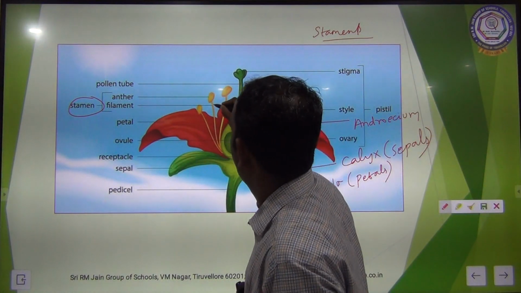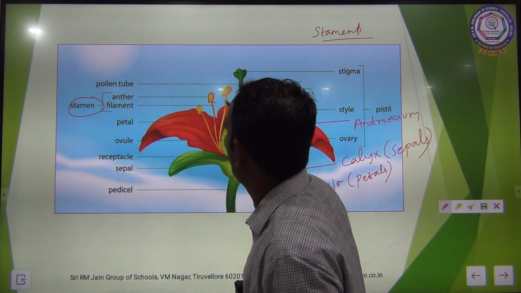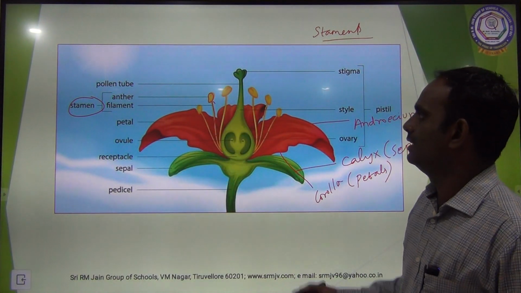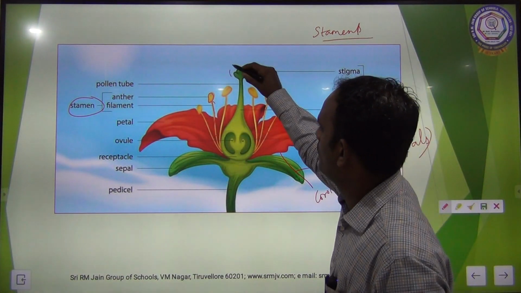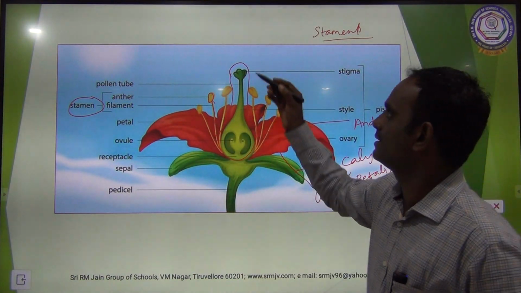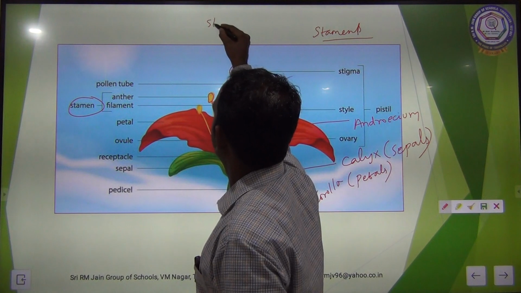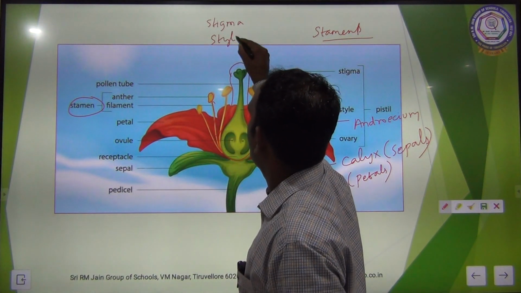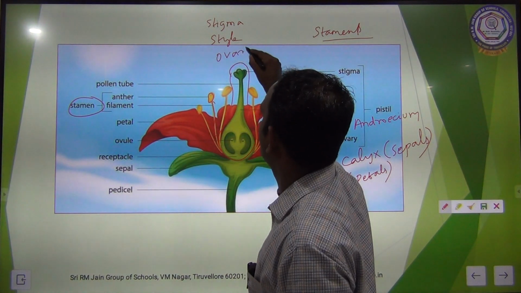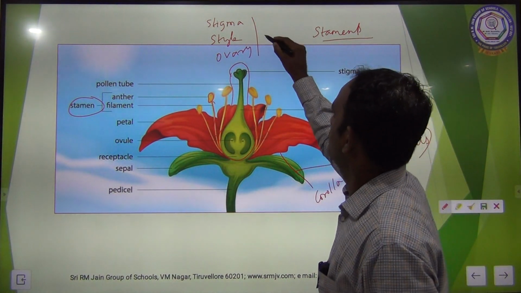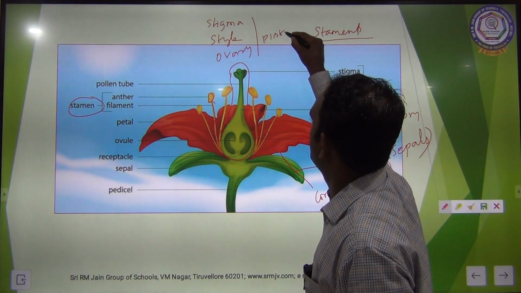Stamen means the anther and the filament. These two comprise the stamen. The next one is a very important part, called gynoecium. Stigma, style and ovary, these 3 are said to be the pistil.